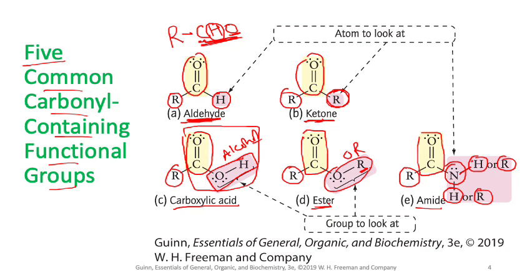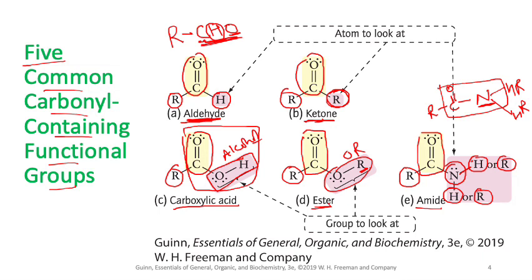So basically, if you have this kind of structure, C double bond O and then this carbon attached to the nitrogen, then we call it an amide group. The bonds on the nitrogen can be hydrogen, can be R group, right? It can vary. So make sure you know how to differentiate between all the functional groups.